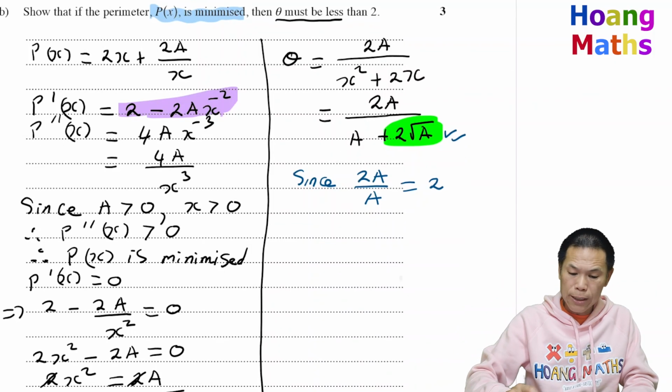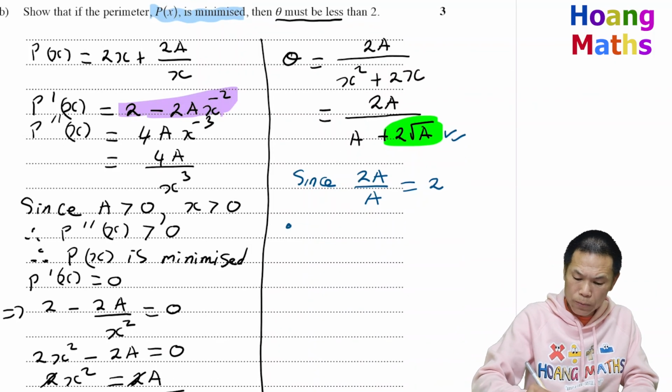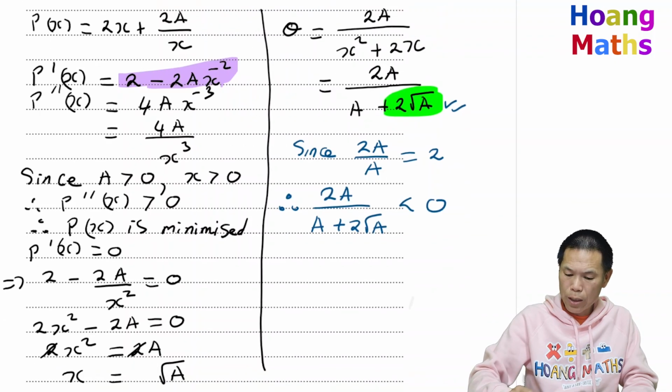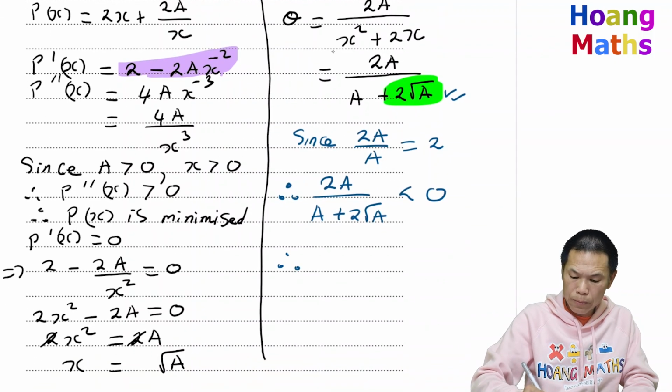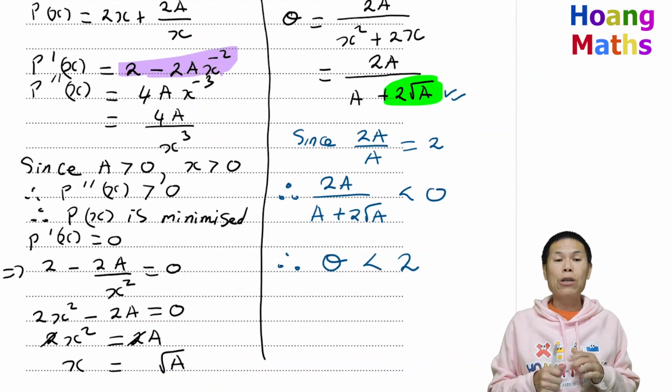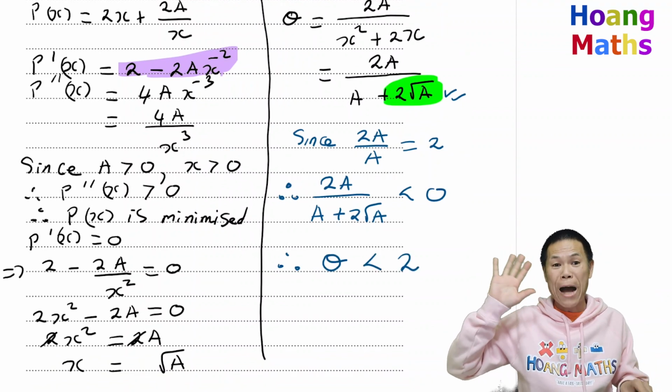So let me just write this down. So therefore this is less than 2. So therefore angle theta is less than 2. So there you go. Thank you so much for watching. Bye.